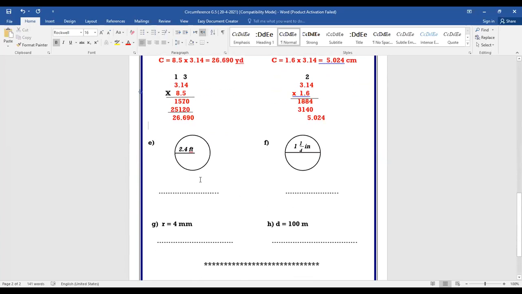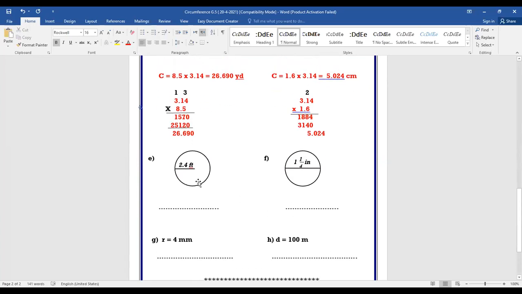In letter E, we have radius 2.4. Circumference equals 2 multiplied by 3.14 multiplied by the radius.